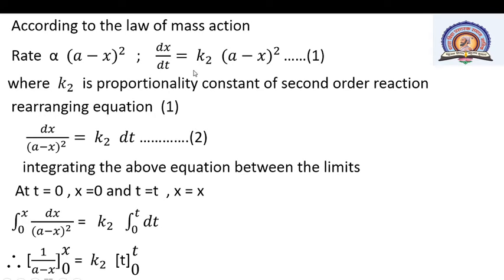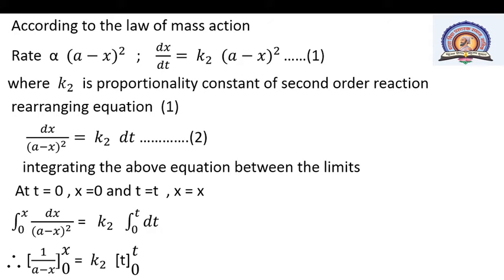That is, rate, dx by dt, is equal to k2 into (a minus x) squared, where k2 is the proportionality constant of second order reaction with equal initial concentrations. This is equation number 1.